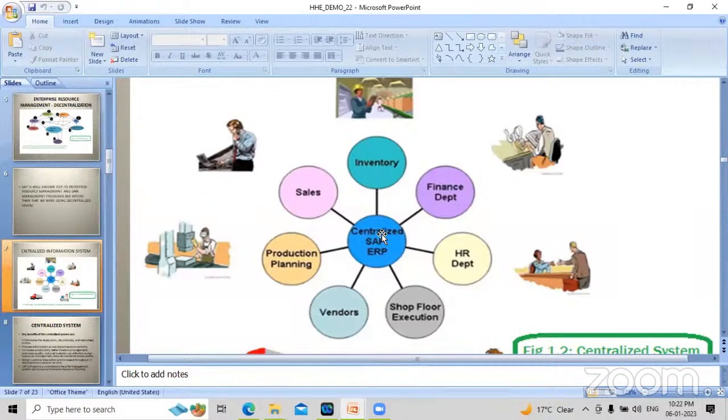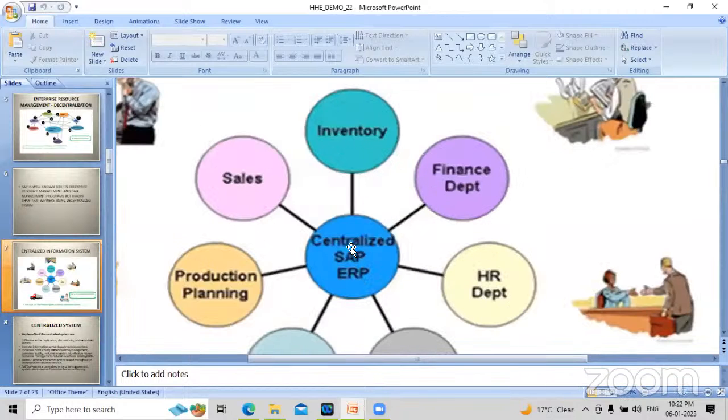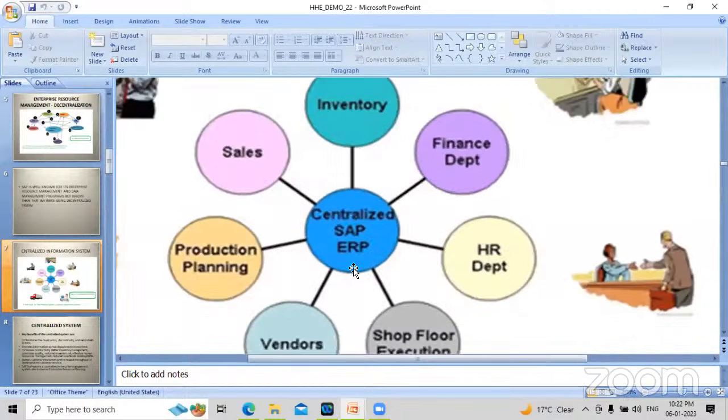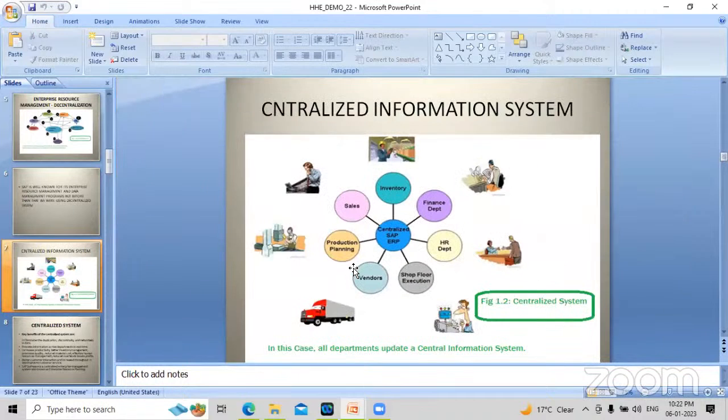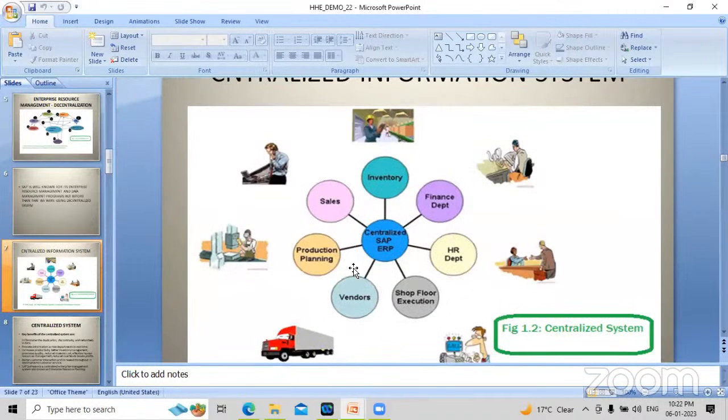It was a unique feature at that time that all these business areas, all the information, are getting updated in real time through the centralized ERP system. Not only this, candidate, it is very easy to use, easy to understand, easy to implement, easy to install.